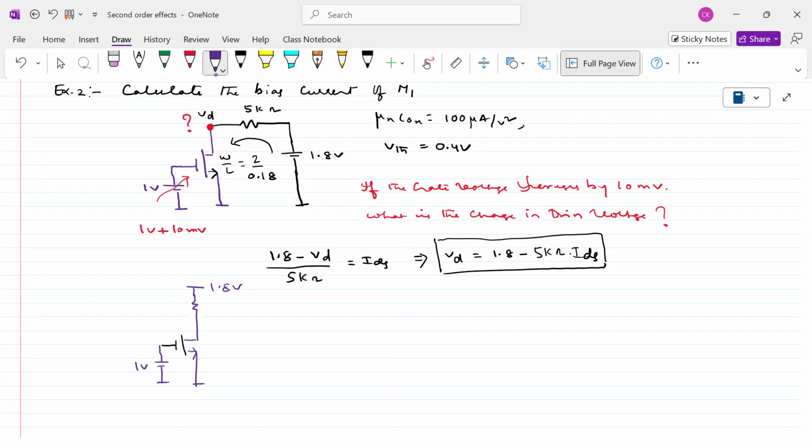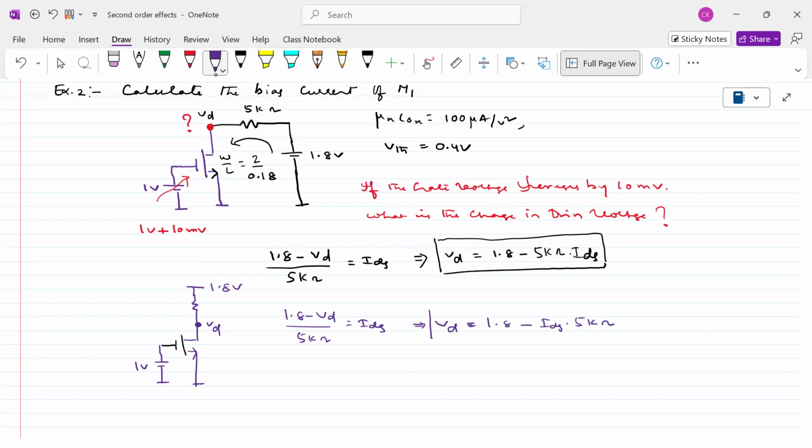If you want to get this potential VD, we can write 1.8 minus VD, the potential difference between these two, divided by 5 kilo ohms, is equal to the current flowing through that particular transistor. That's what we are getting at this point. So from this, what can we conclude? The drain potential is 1.8 volts minus IDS into 5 kilo ohms.